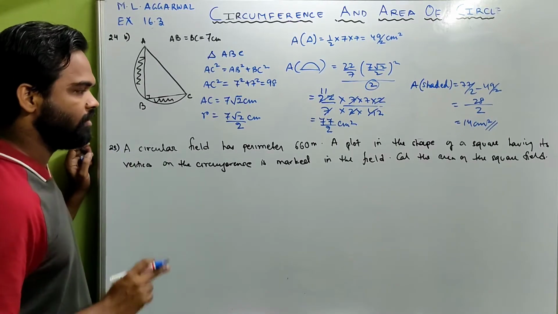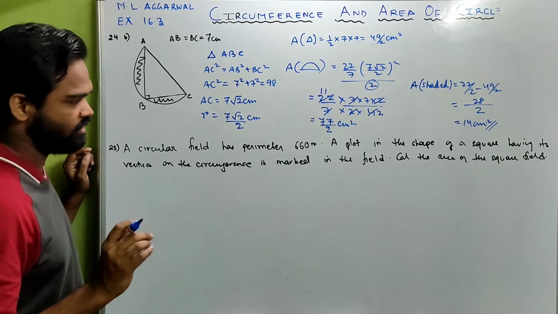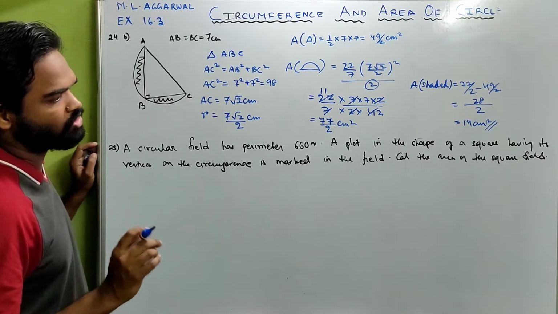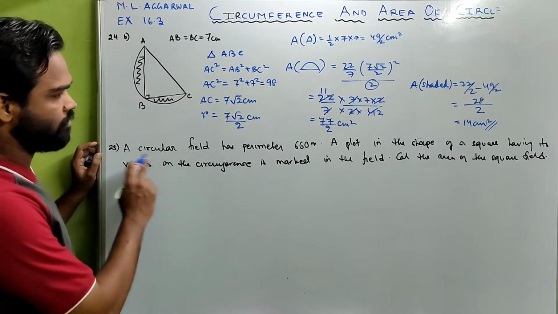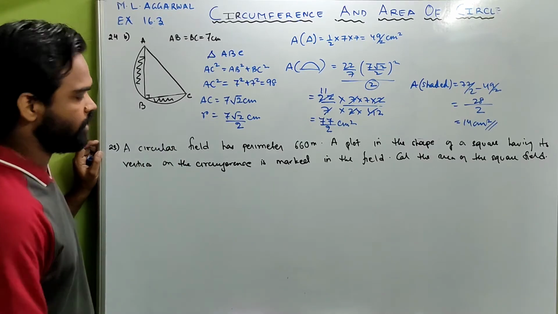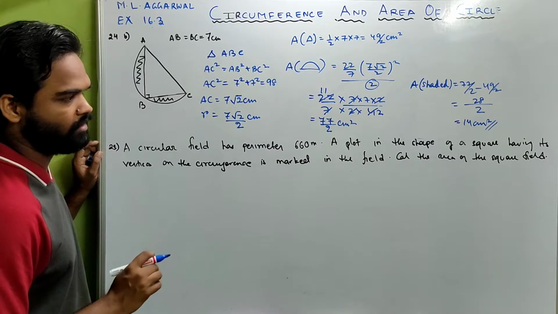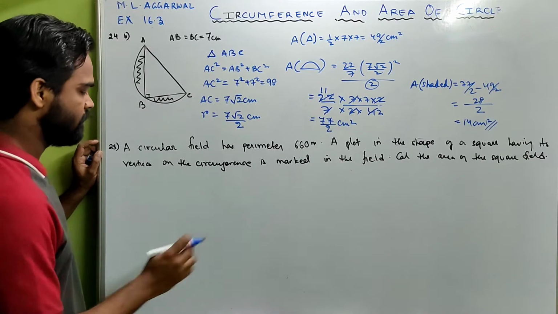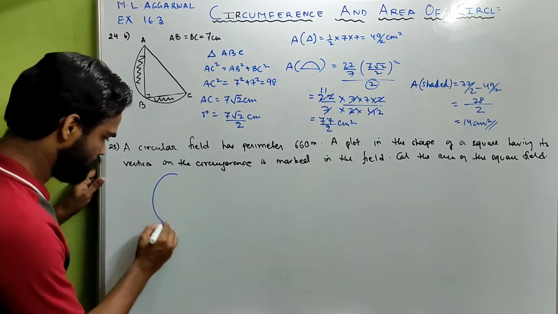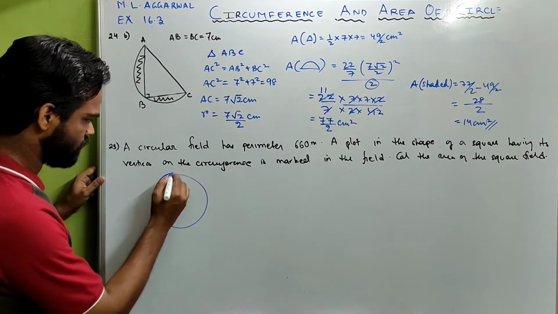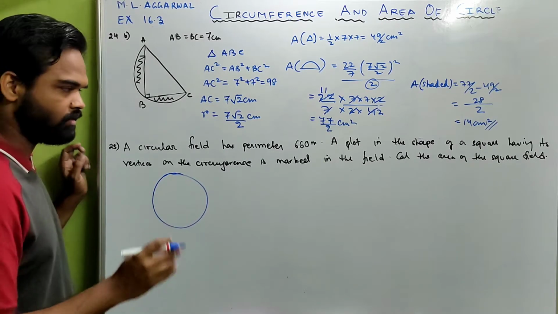A circular field has perimeter 660 meter. A plot in the shape of a square having its vertices on the circumference is marked in the field. Calculate the area of the square field. Very simple. We did a sum like this, you know. It was a rectangle. Over here, it's a square.